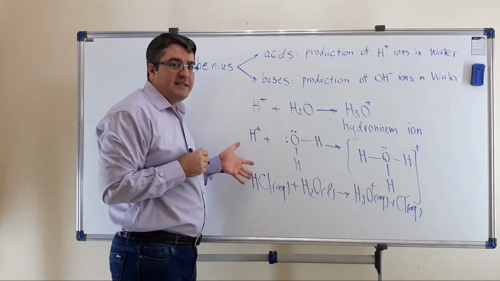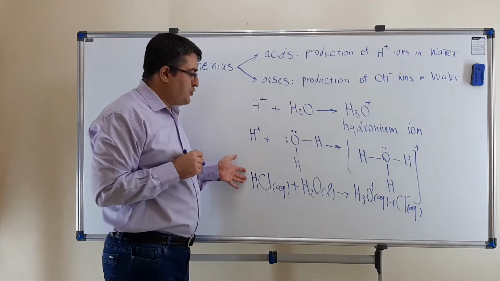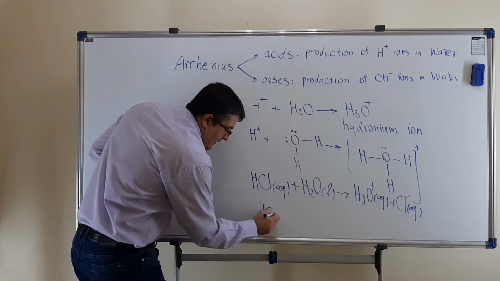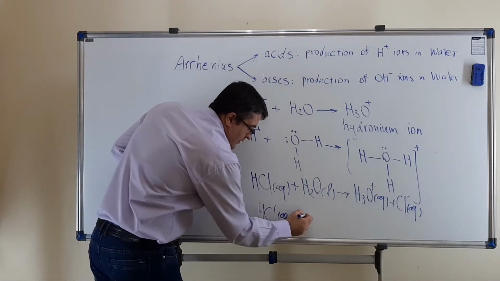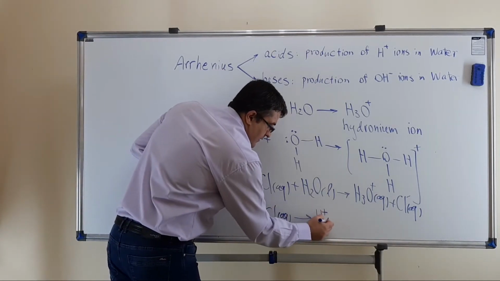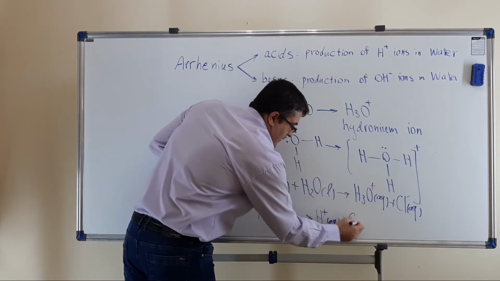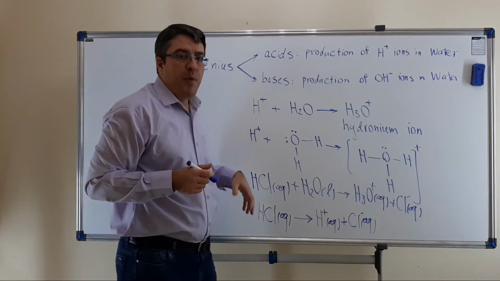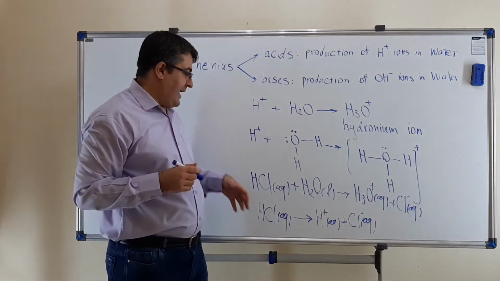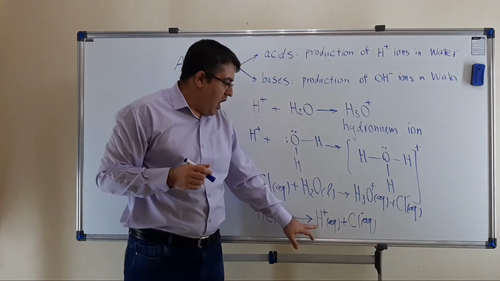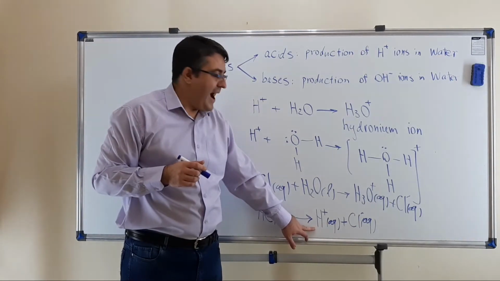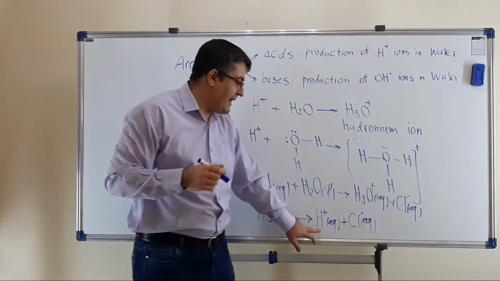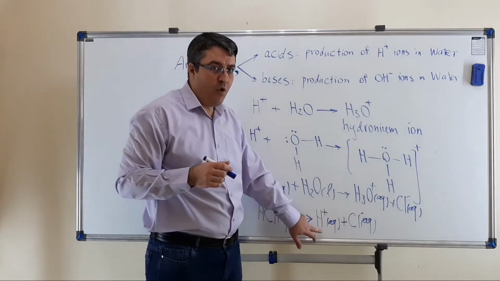But for simplicity and ease, we usually write this reaction in this way. But we keep it in our mind that in this reaction, hydrogen ions are in fact in the form of hydronium ions, and they can't exist in their bare form.